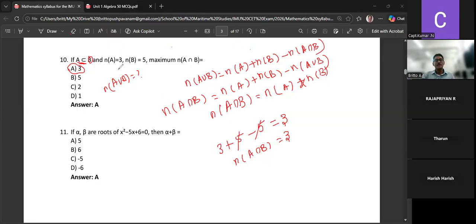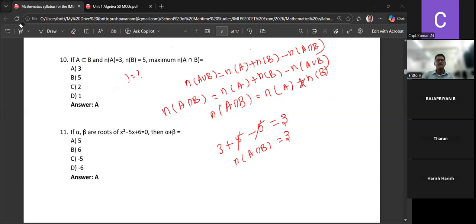So A union B should be B. That's why in place of A union B we put the n of B value and get the value of A intersection B. Okay, so this is question number 10.